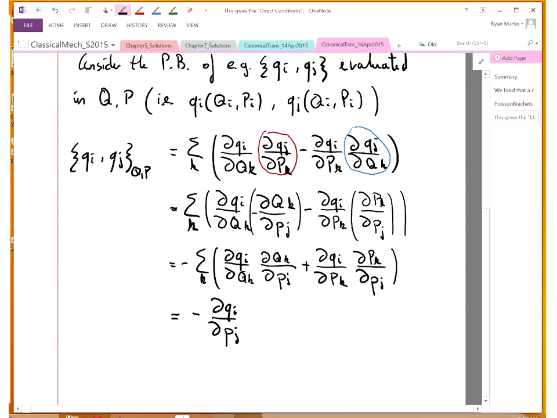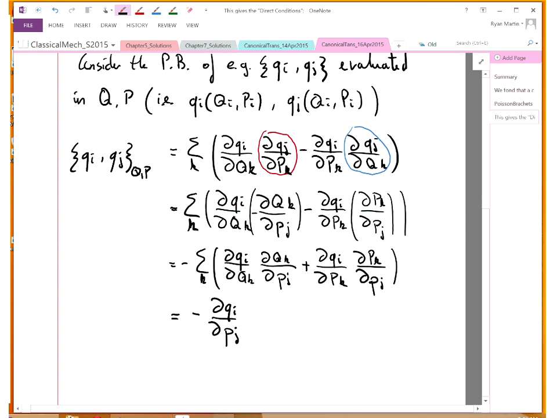And I claim that now lowercase qi depends on the capital Q's and the capital P's. So if I want to do ∂/∂pj of lowercase qi, thinking of lowercase qi as depending on capital Q's and P's, then I have to apply the chain rule. So I have to sum over all the things that lowercase qi depends on. And when I do that, I get exactly the equation that's above it.